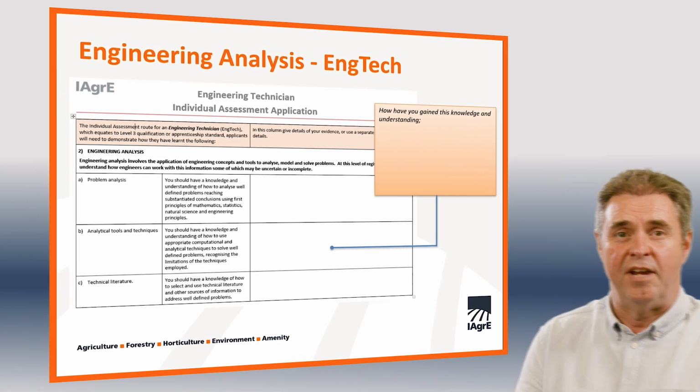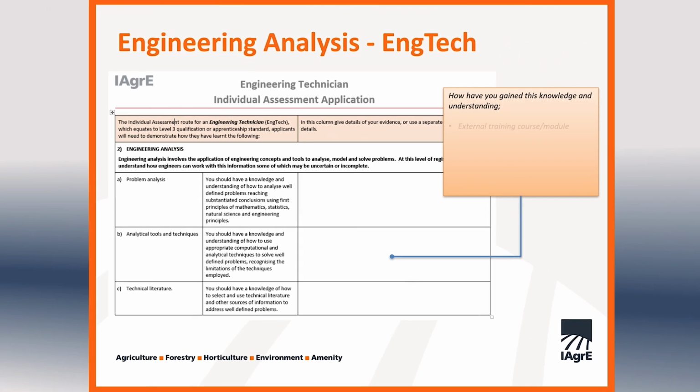This could be achieved in a number of ways. You may have completed an external training course or module. You could have received some in-house training via your company. You may have done this as part of another qualification which wasn't recognised. In this case, you can just show the programme transcript. You may have learnt it yourself by doing some self-directed learning or CPD.